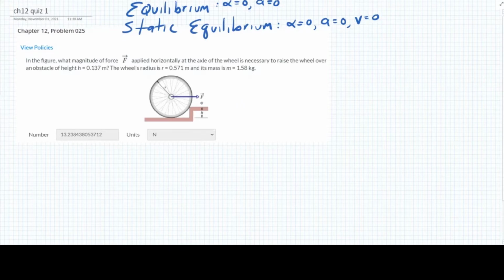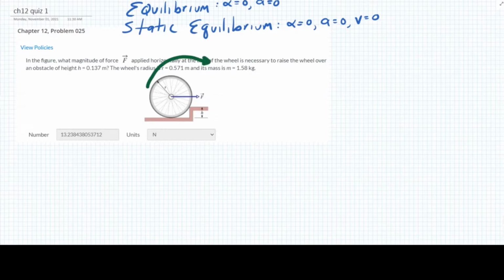Here you have a bicycle wheel, and there is a horizontal force applied to it, and this bicycle wheel is raised up to that higher level. It's like you're running into a curb, and you apply a force, so this bicycle wheel has just enough oomph to go like that.